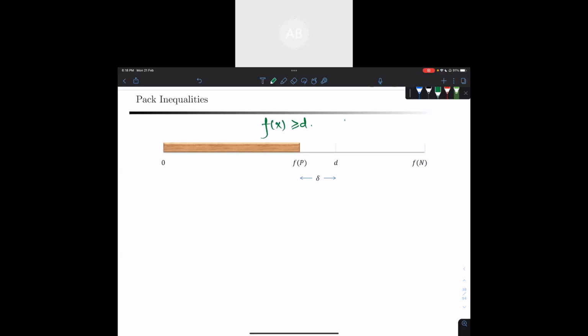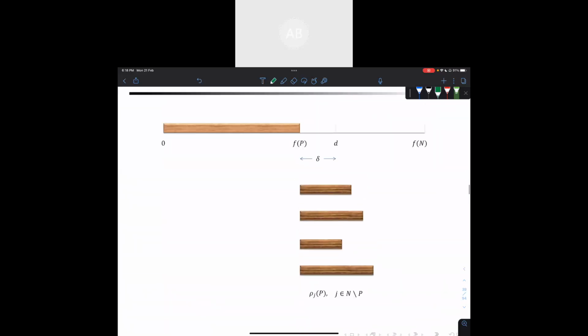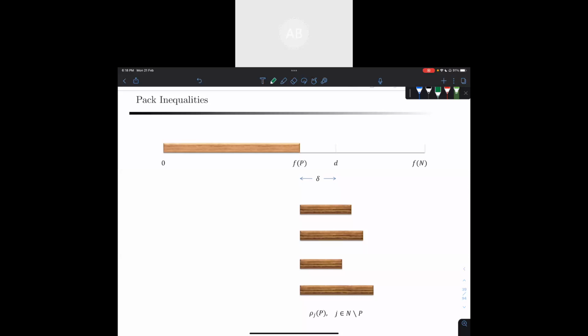So what will be an infeasible solution? f of x less than d, right? And if this was indeed the case, what will be your valid inequalities now?